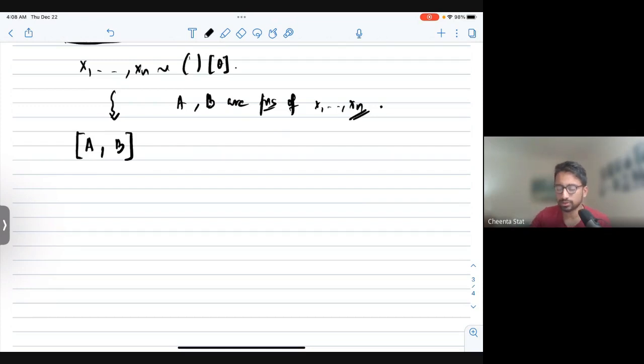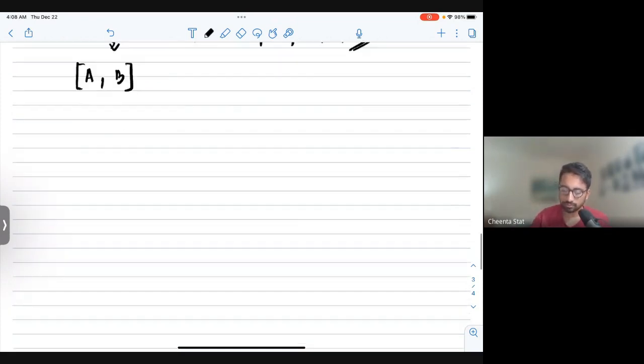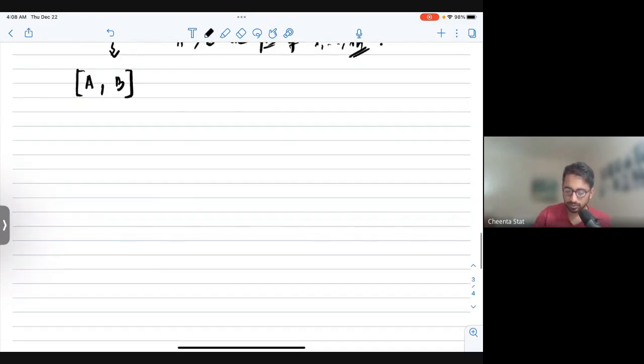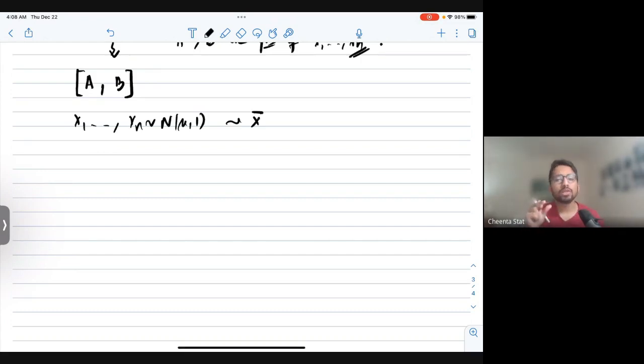A and B are functions of x1, x2, xn, right? So, for example, if x1, x2, xn follows normal mu comma 1, a good estimate of mu can be x bar. But we are interested in a region, because we may not get a pinpoint answer, right? What about getting a region? That's a better estimate, right?